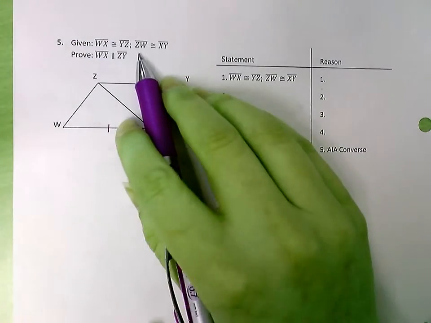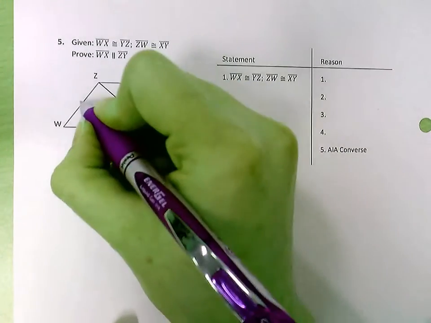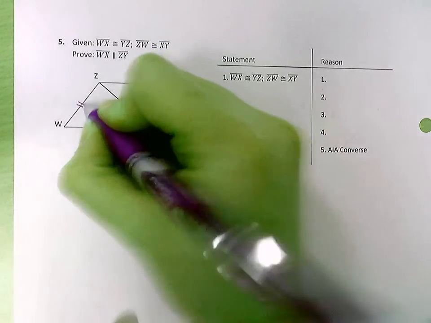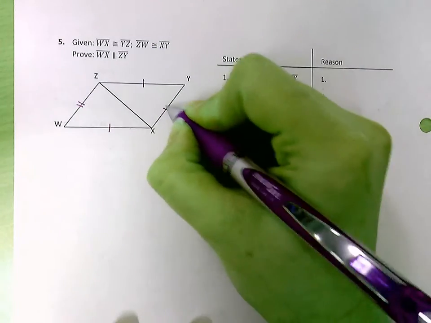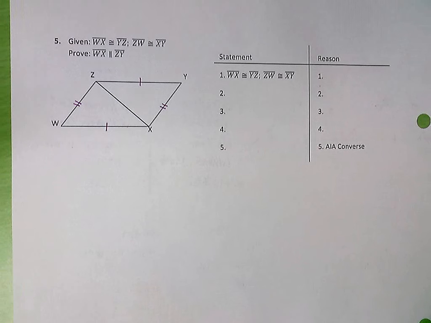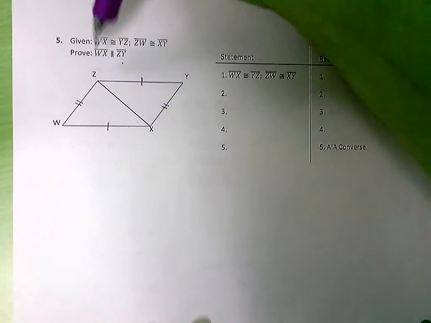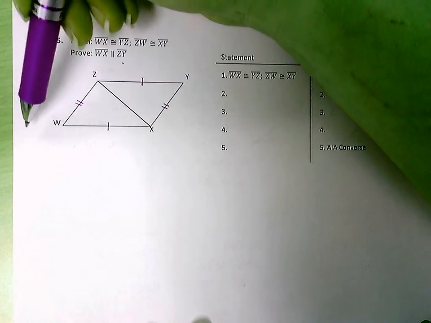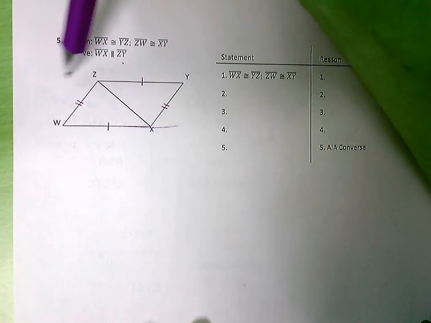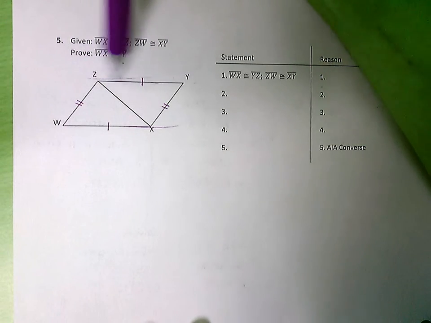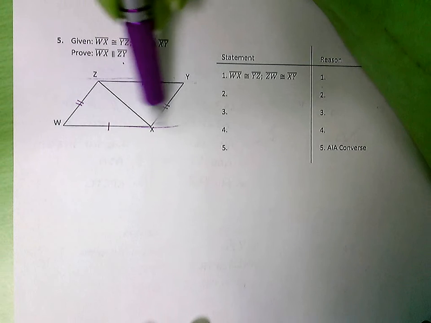We're also given that ZW is congruent to XY. Okay? We want to prove that WX is parallel to ZY. So we want to prove these two lines are parallel.